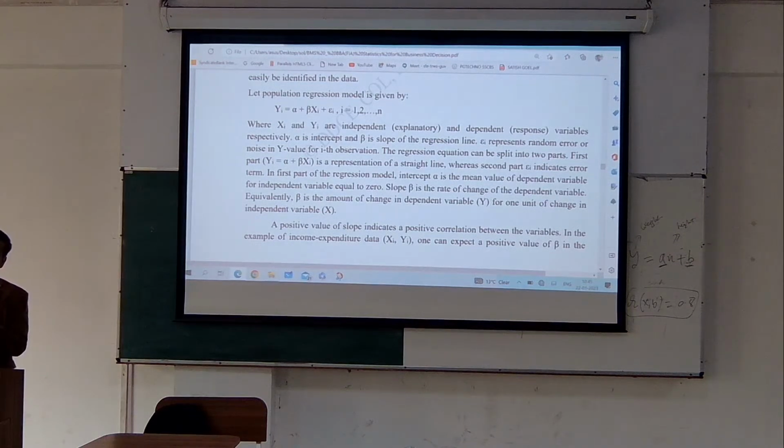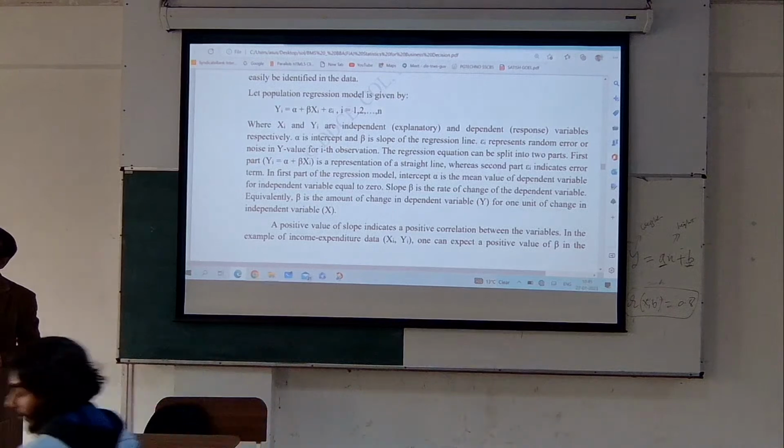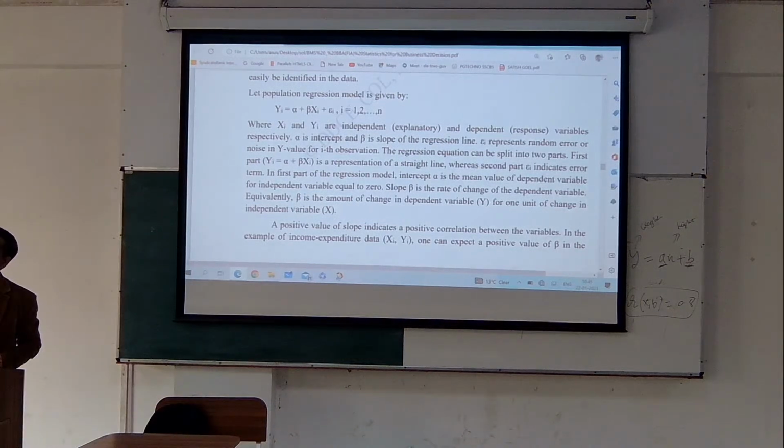Okay. X is free. X can take any value while y would take value according to this equation, according to this formula, because y is equal to, say, 3x plus 2. So x can take any value. Suppose x is 1, then 3x plus 2 would be 5. If x is 2, y becomes 7 and so on.